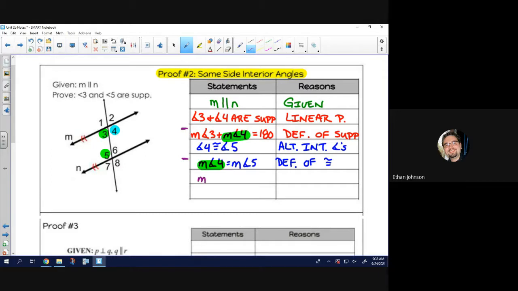So measure of angle 3 plus the measure of angle 5 equals 180. And remember, when we combine two or more statements, that is our substitution or transitive properties. But because we have an equal sign in this one, it would be a property of equality.